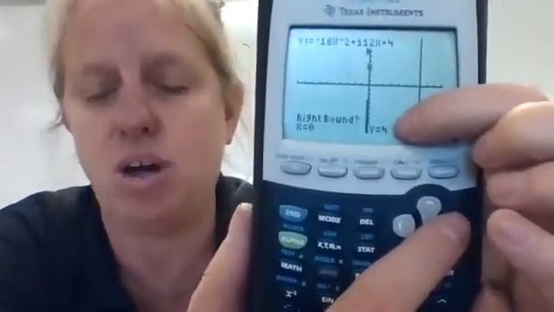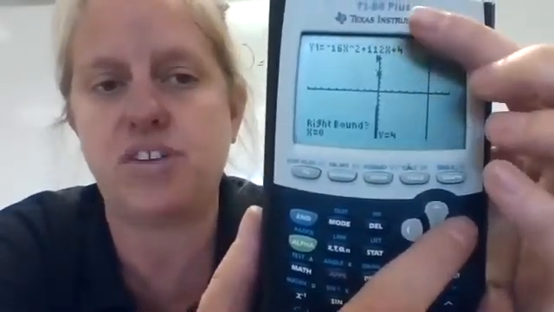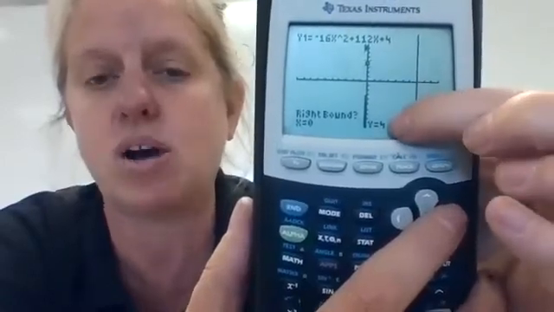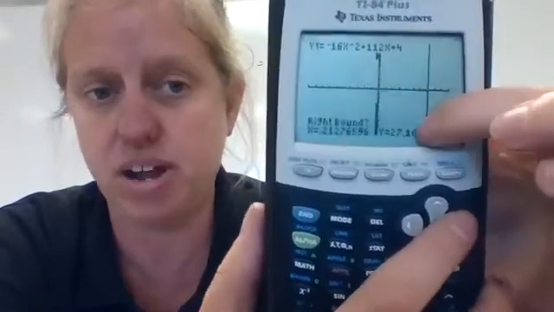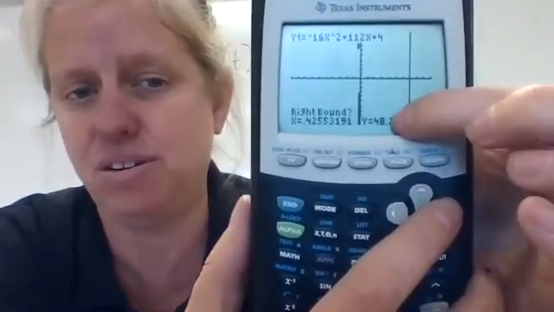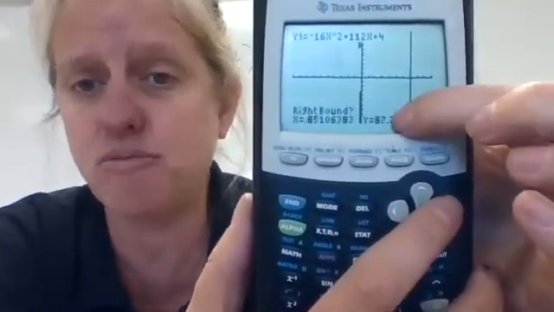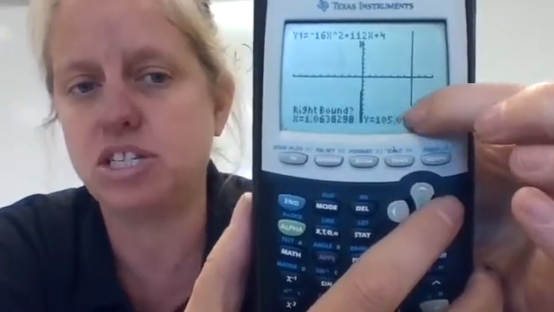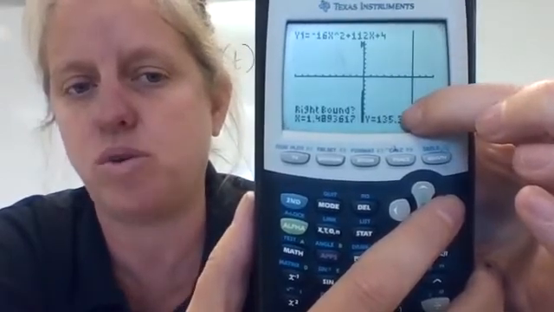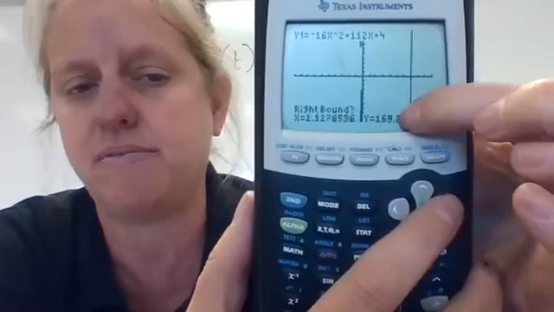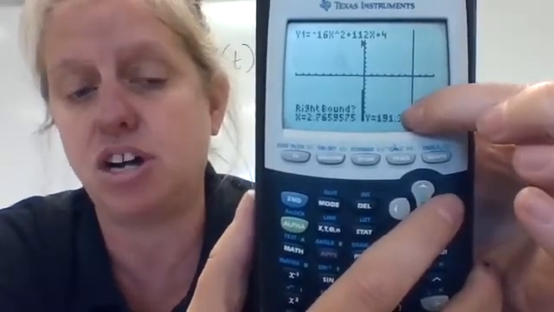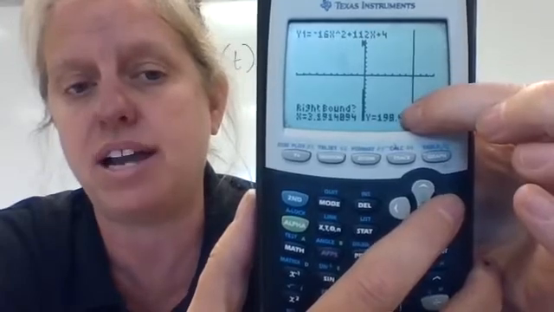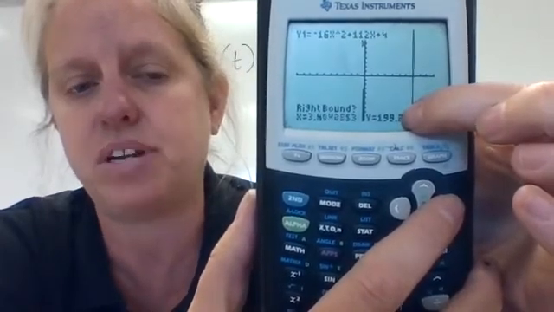The way you can tell whether or not it's passed through that very top point is by your y coordinate. Once it starts going down, that means you've passed through your maximum. So it's still going up, 105, 120, 135, 148, 169, 178, 185. It's still going up, 191, 195, 198, 199.